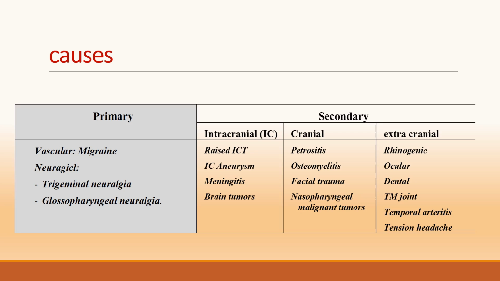Cranial, like petrositis, osteomyelitis, facial trauma, nasopharyngeal malignant tumors, or extracranial, like rhinogenic, ocular, dental, temporomandibular joint, temporal arthritis, and tension headache. As you see, there are lots of causes for headache.